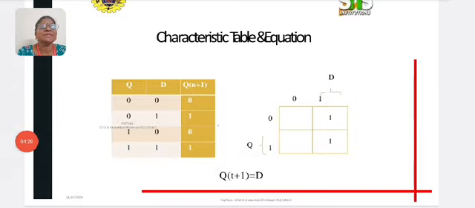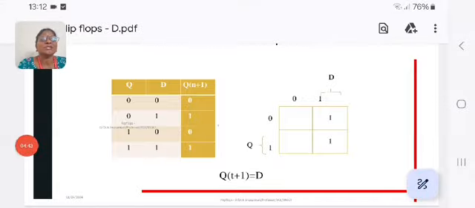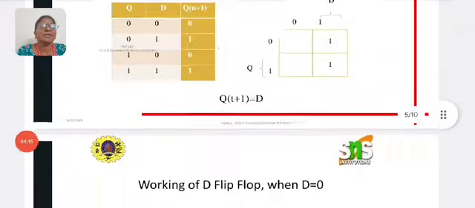So this is the characteristic table of D flip-flop, and with this table, by using K-map, we can derive the characteristic equation. By using K-map, we get the characteristic equation Q of T plus 1 is equal to D. So this is the characteristic equation of a D flip-flop.